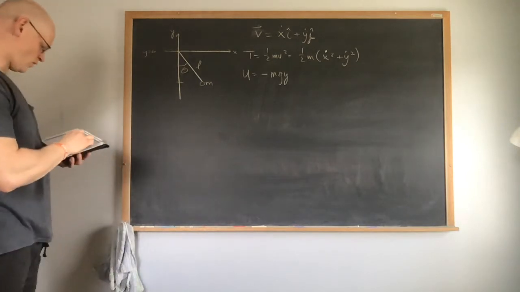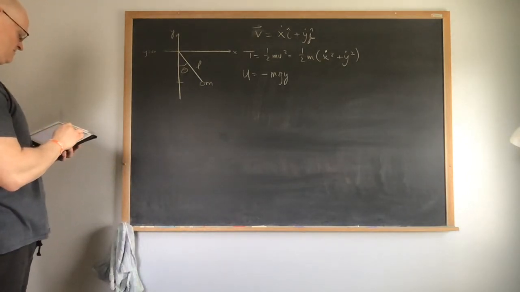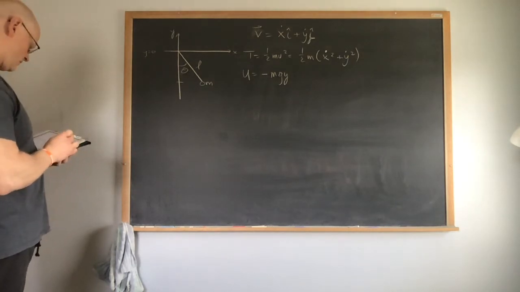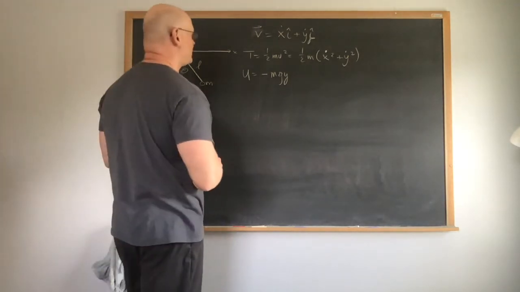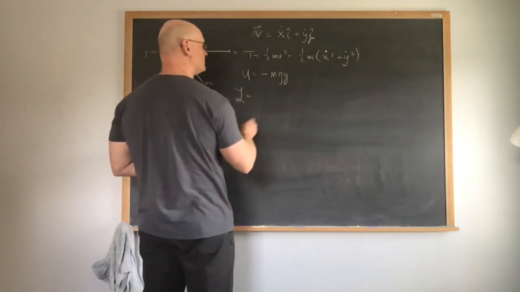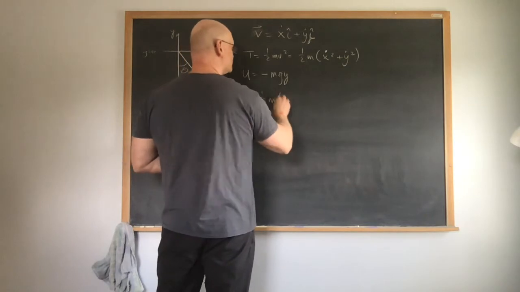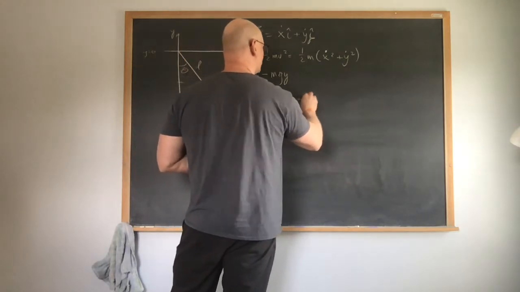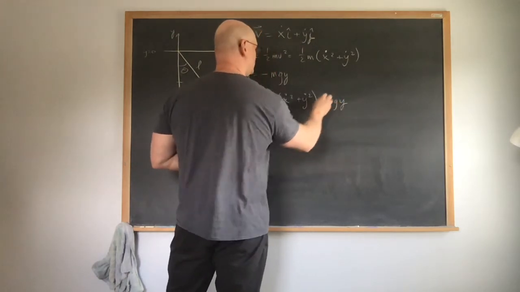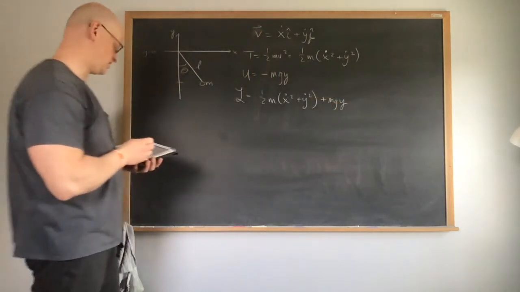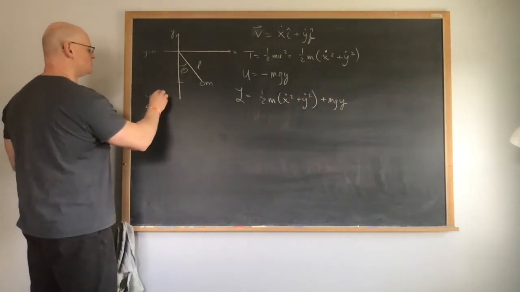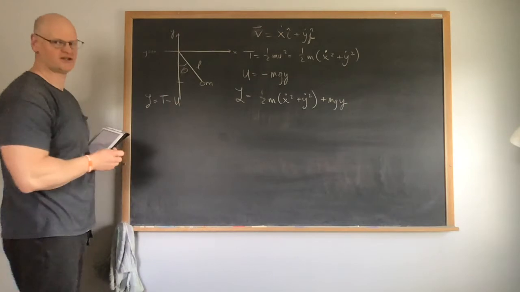So this is then our kinetic energy and our potential energy, which means our Lagrangian in our rectangular coordinate system is simply going to be 1/2 m times x dot squared plus y dot squared, plus mgy in this case, because remember, the Lagrangian is equal to the kinetic energy minus the potential energy.